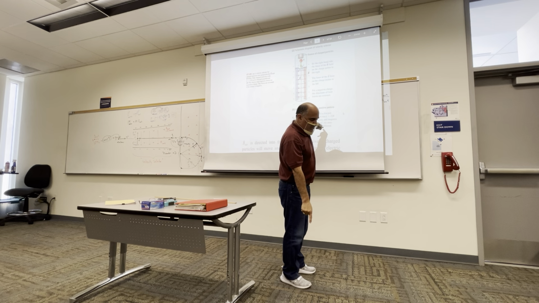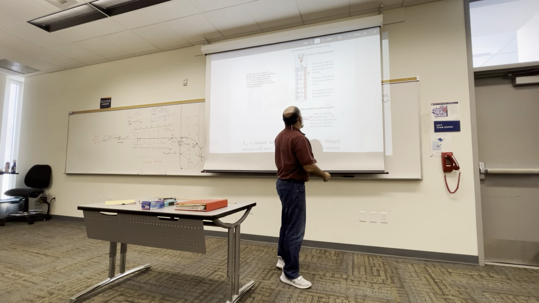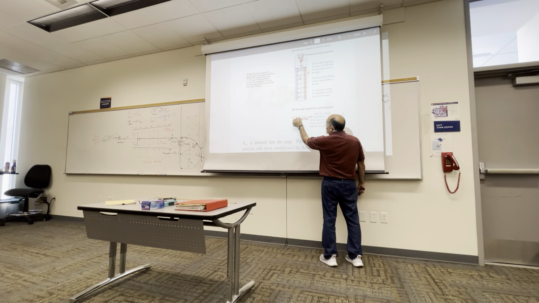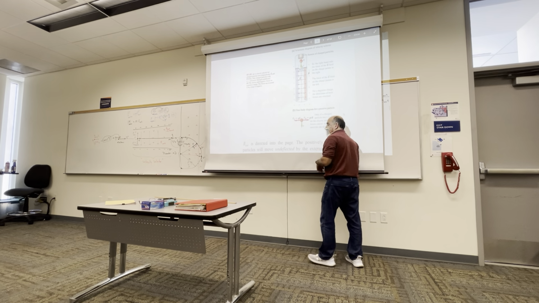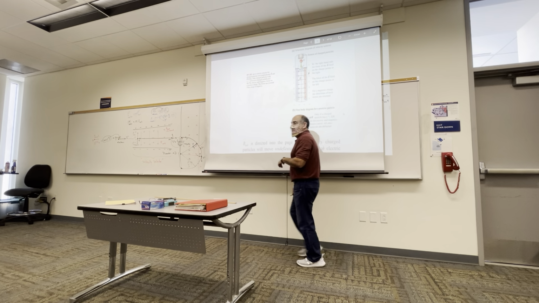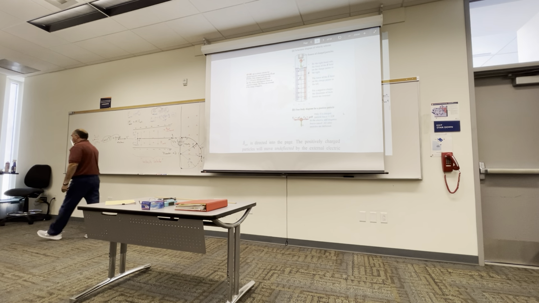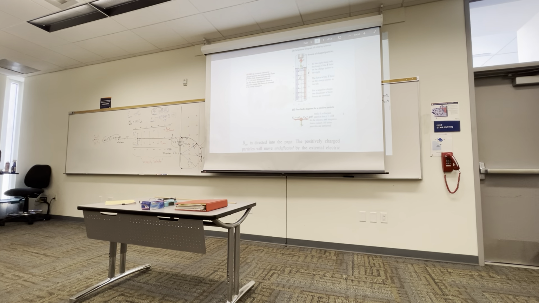Velocity cross B, the magnetic field, will be that way, right? To the right. So the magnetic force is to the right. So if the magnitude of this electric force is the same as the magnitude of this magnetic force, the forces will cancel and the particles will just keep on going straight through. And then you get the same result, that the speed would have to be equal to the ratio of the electric field to the magnetic field in that region, and then they'll go undeflected, which is this.